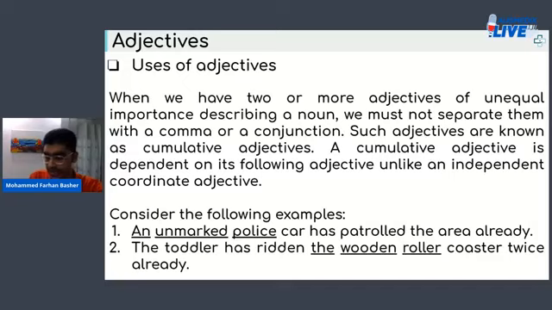So let's just say that this is a small black phone. Here, I'm using two adjectives to describe a phone, right? First, I'm saying small. Second, I'm saying black. Small, black phone. Both these adjectives are equally important.